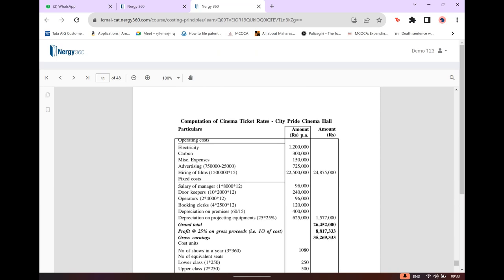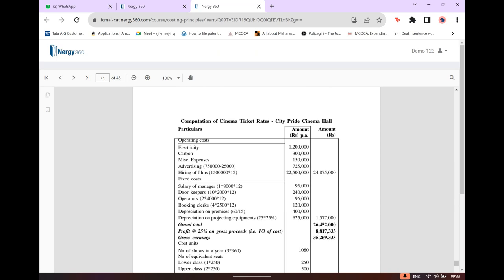So my total of the operating cost would be 2 crore 48 lakh 75,000. Then coming to the fixed cost: manager salary 1 into 8,000 into 12, doorkeeper 10 into 2,000 into 12, operators 2 into 4,000 into 12, and booking clerk 4 into 2,500 into 12.